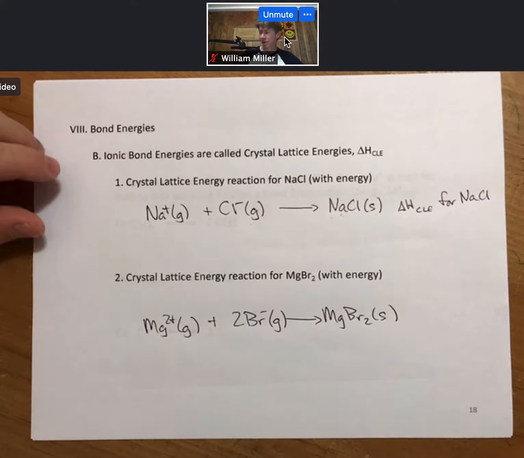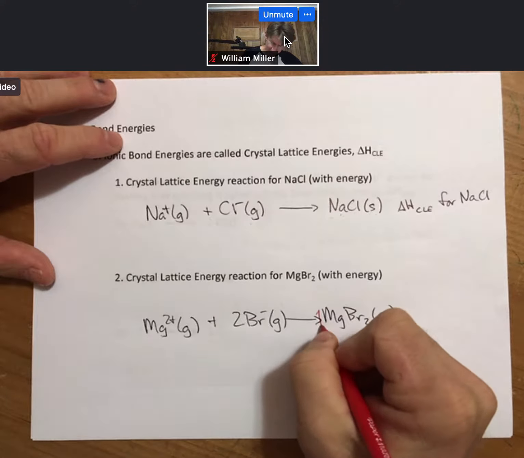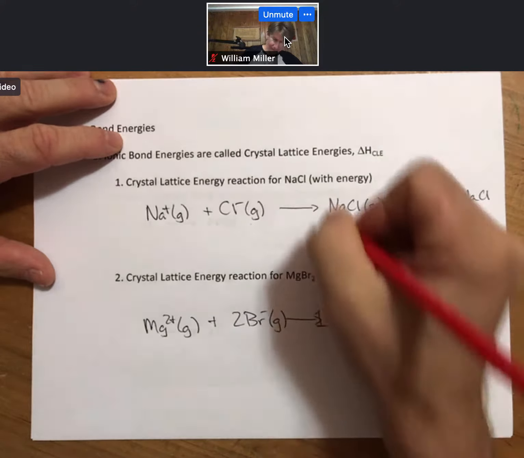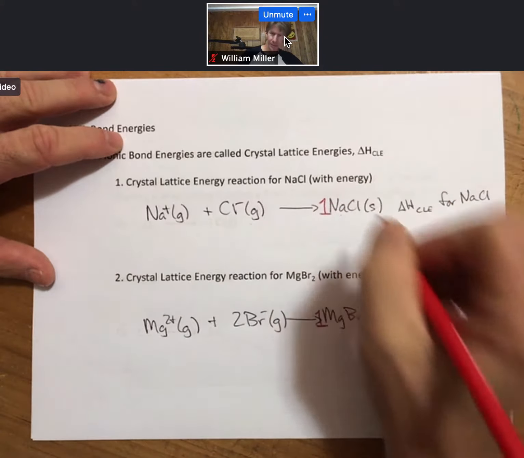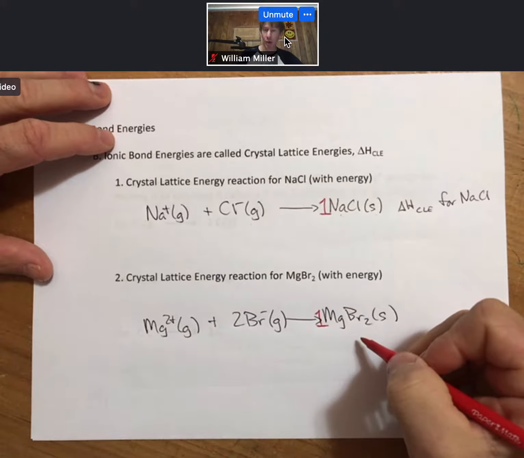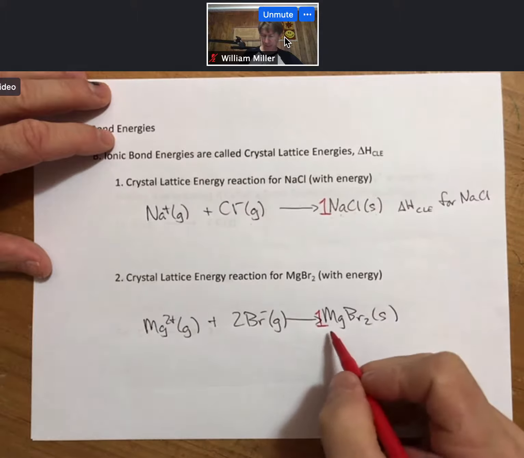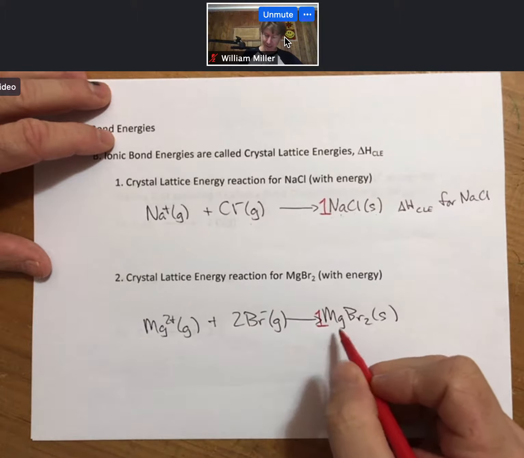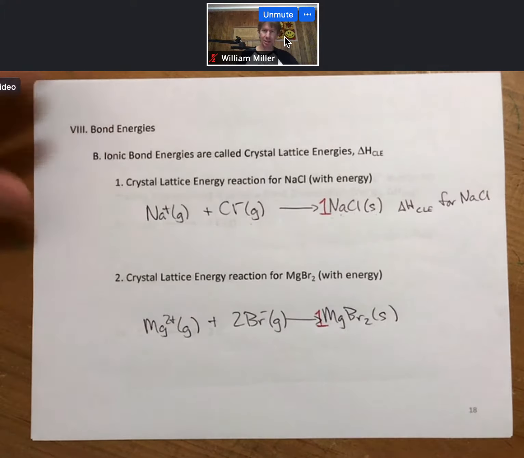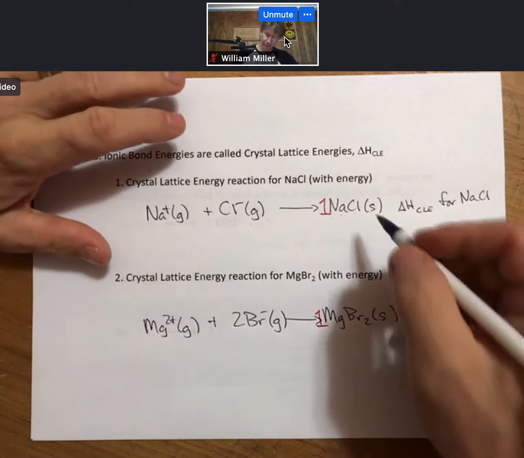And the one other thing is when balancing these, you always have a 1 for the product, because you're always making 1 mole of product. And as we've seen before, the delta H is always per mole, and we want to make sure it's per 1 mole of our products.